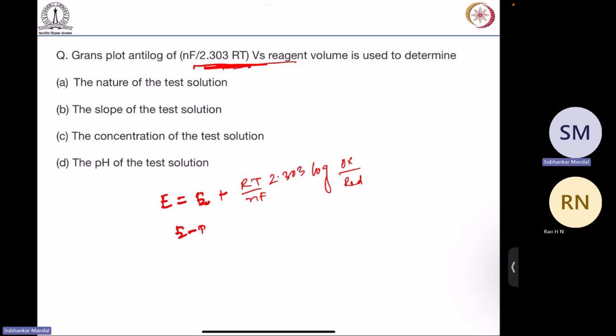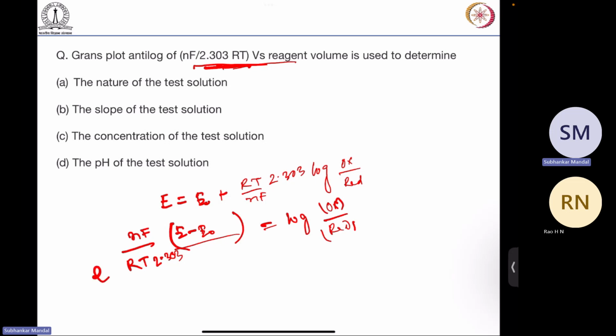So E minus E naught will be nF by RT over 2.303, which is log of oxidant by reductant. If you take the antilog, then this will be e to the power, then oxidant by reductant.